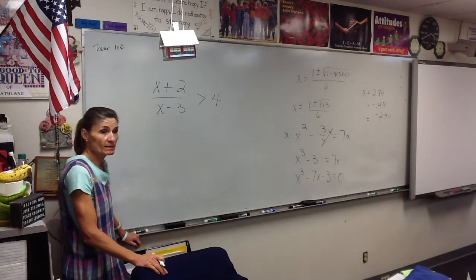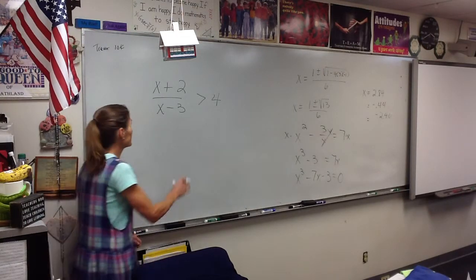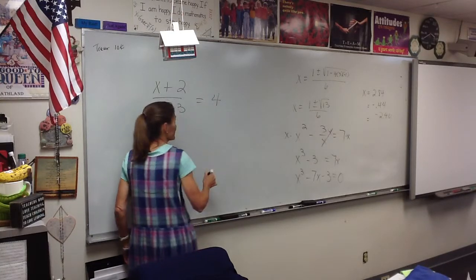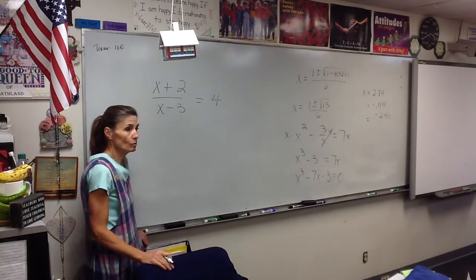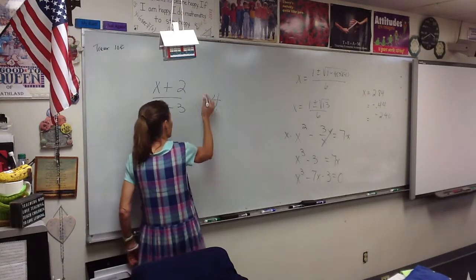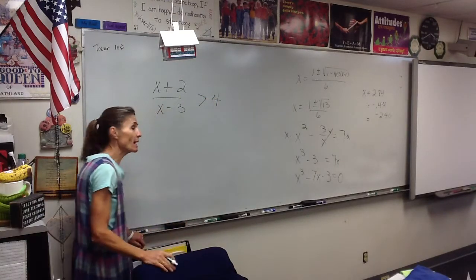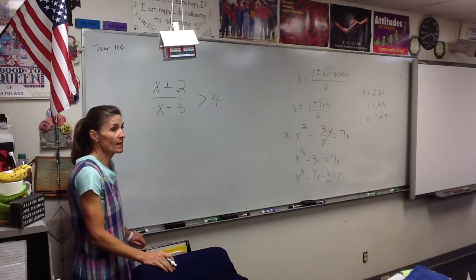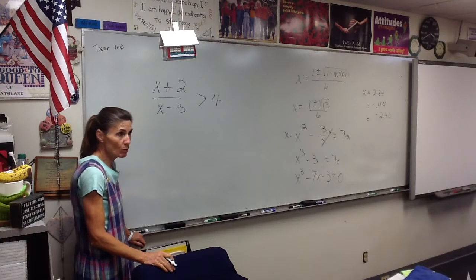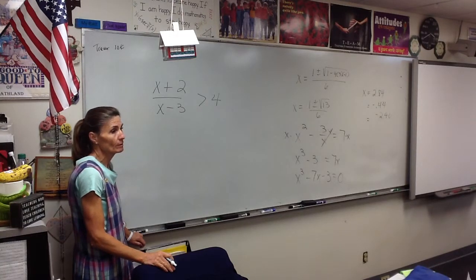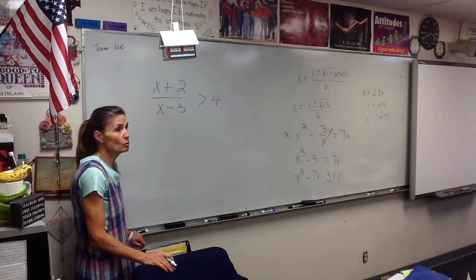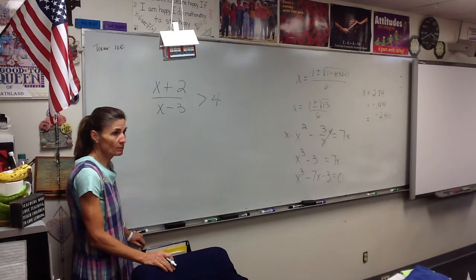Multiply both sides by x minus 3. If this were an equals, that's exactly what you should do. But it's not an equals, and you can't multiply both sides by x minus 3. Can you tell me why? What is peculiar about multiplying in an inequality?